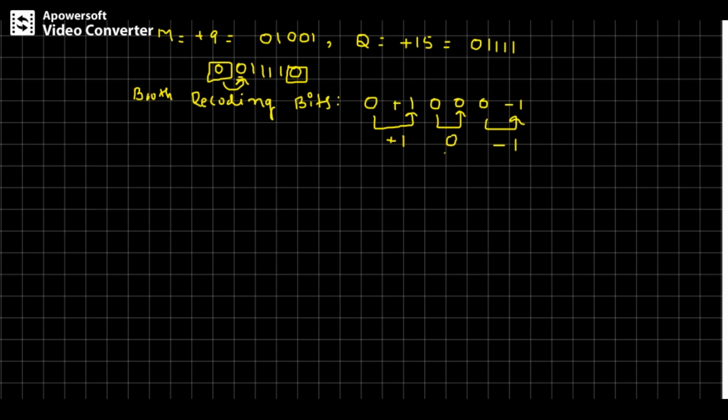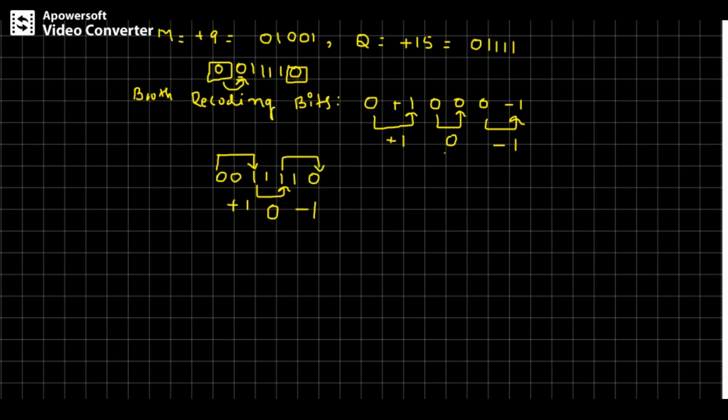So that means I will write once again the actual bits, that is, 0, 0, 1, 1, 1, 1, 0, that is nothing but Q. So from the fast multiplication table, 0, 0, 1, that means plus 1, 1, 1, 1, that means 0, 1, 1, 0, that means minus 1.